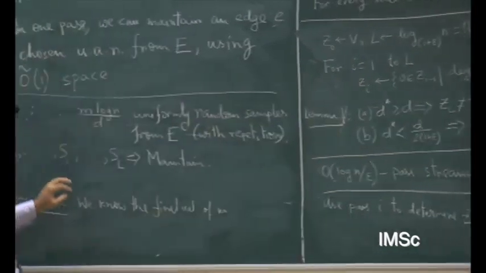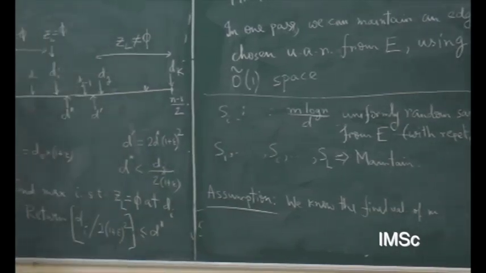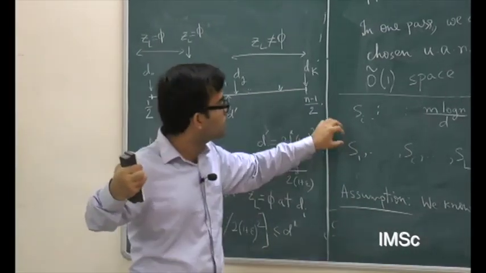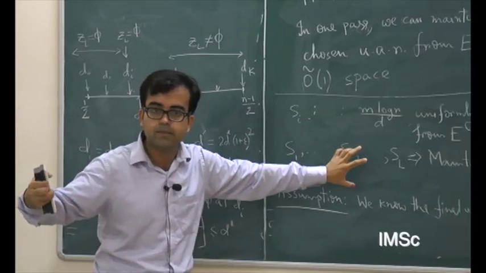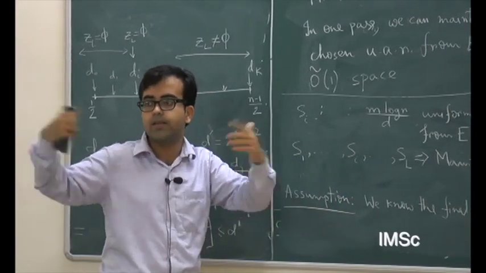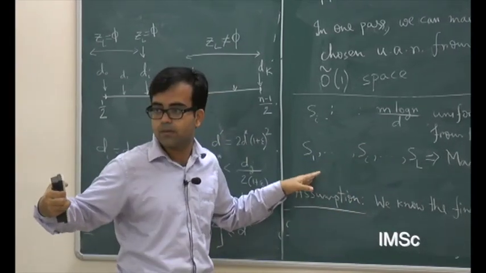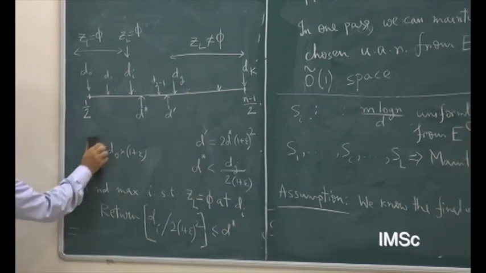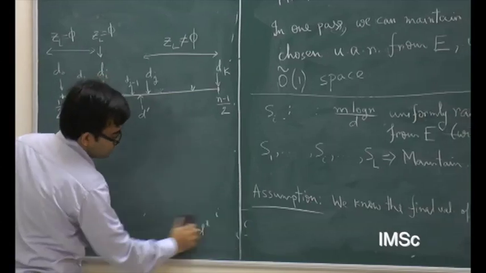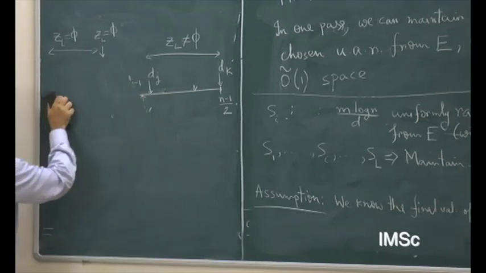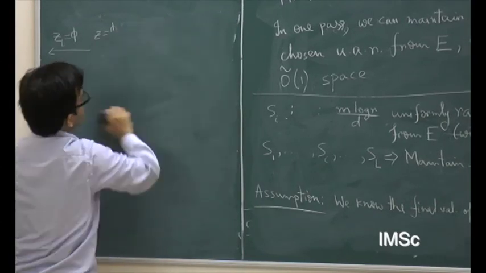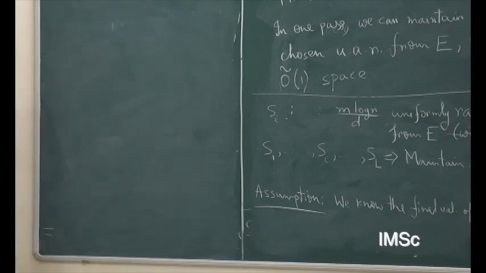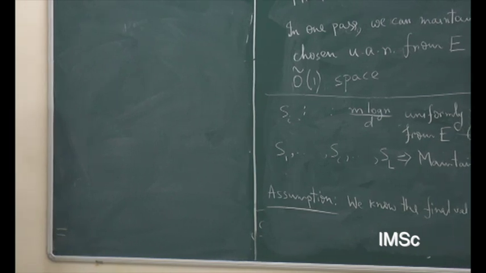But first, can you tell me what is the space requirement for this? Because the space requirement is simply the space for maintaining these samples. Everything else you do at the end of the stream with these samples. What is the space requirement, ignoring polylog factors? Exactly, right?